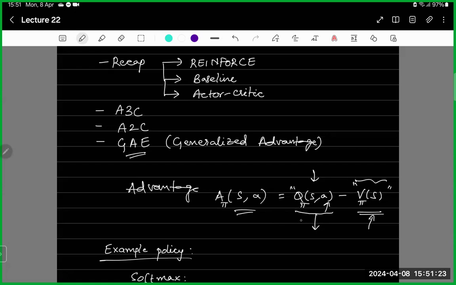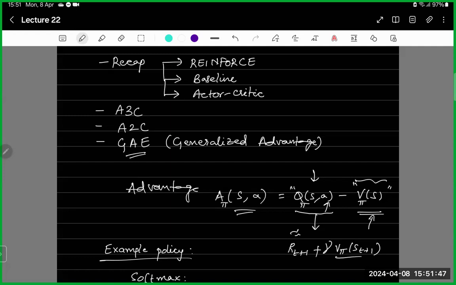How? We can roughly write it like R_{t+1} plus gamma times V pi of S_{t+1}, right? We can write Q pi of S_t, A_t like this. It's a rough way of writing Q pi of S_t, A_t. So if you write like this, then you just need one network for the values.